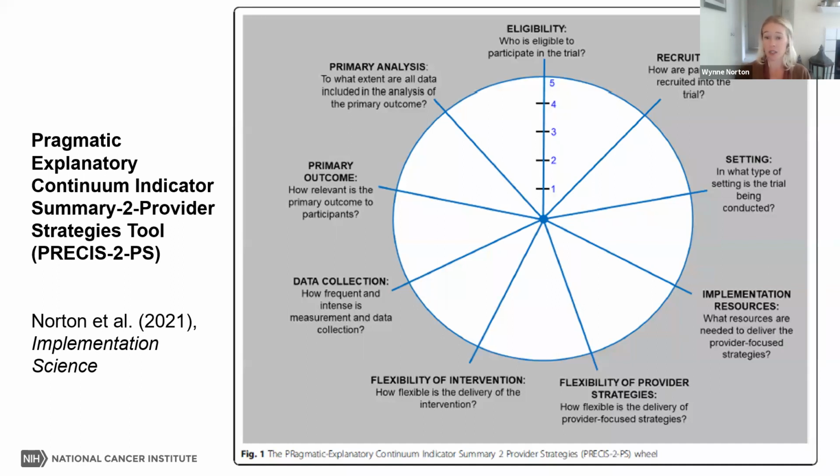I think it was initially intended to be developed for the design phase, but is increasingly, as you point out, really necessary for understanding what if eligibility needs to change because you're not enrolling enough participants, or recruitment strategies need to change as a function of how the trial unfolds, or other aspects need to change based on information that your stakeholders are providing you, how usual care is changing rapidly.